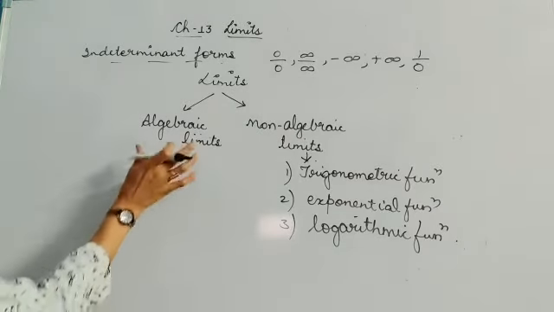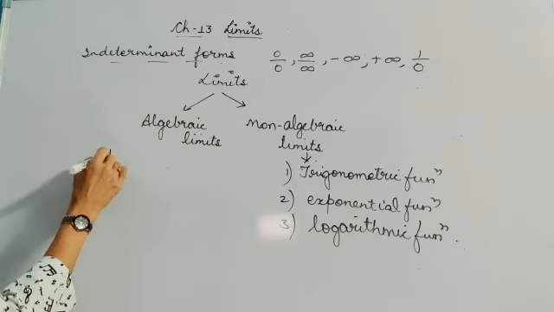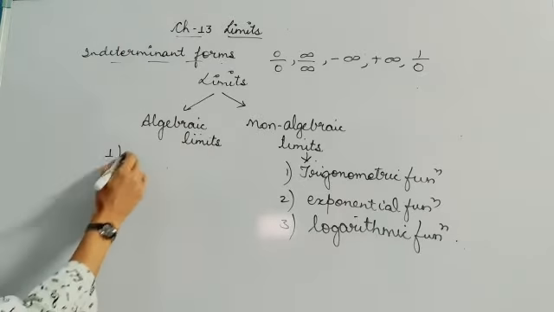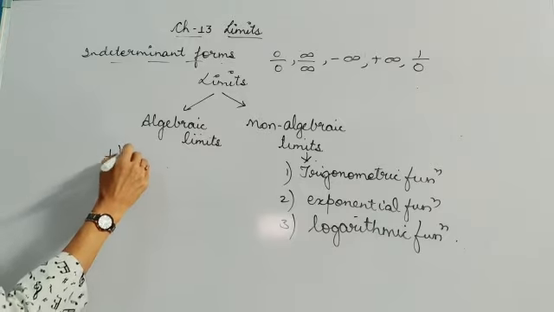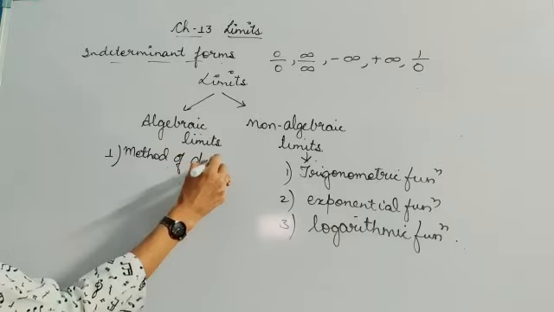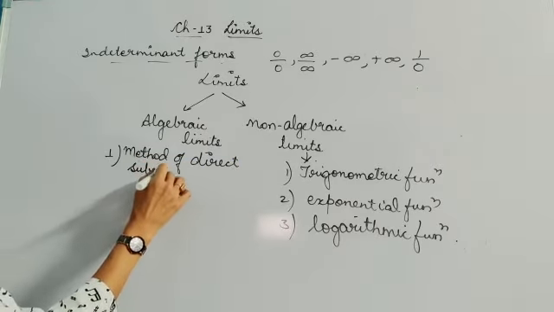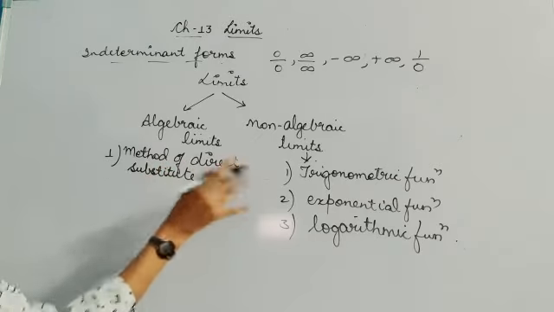So if the functions are in algebraic form, then we can apply these methods. First of all, you can apply the method of direct substitution. That means you can directly substitute the value of the limit in the given function.